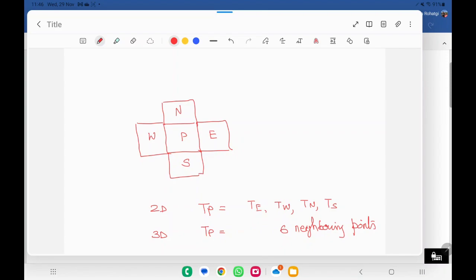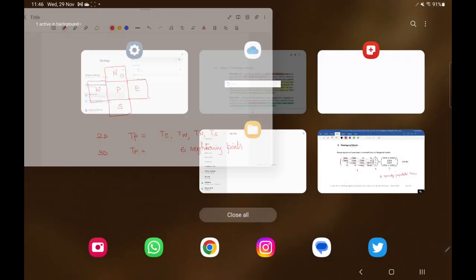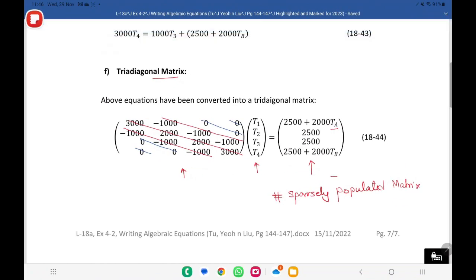Okay. Now let's come back to this. So you solve this matrix. There are a number of ways of solving it. But remember that when you have points in millions, suppose you have 1 million points, you will have a matrix of 1 million by 1 million.